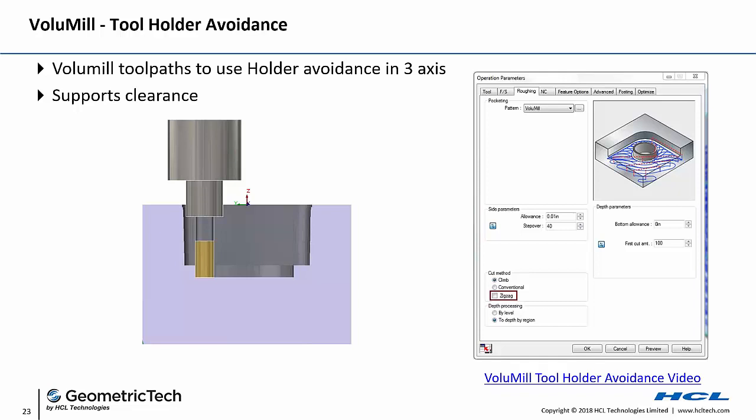And you can also specify a particular avoid distance so that you can decide how close you want to get with your holders to the part. This also, of course, works in simulation, and it allows you to check the tool holder to make sure that it's not gouging or hitting the part. Okay, just a nice new enhancement for volume mill.